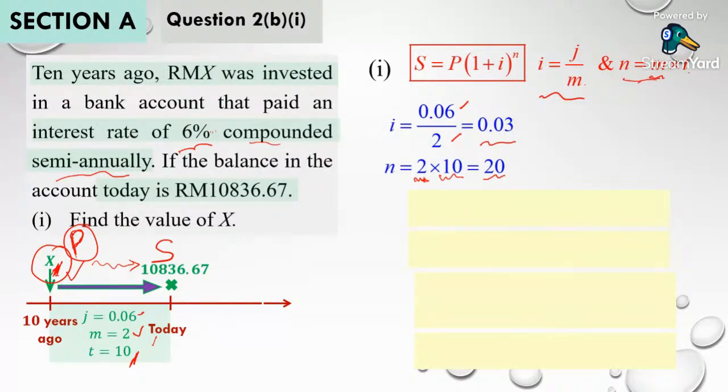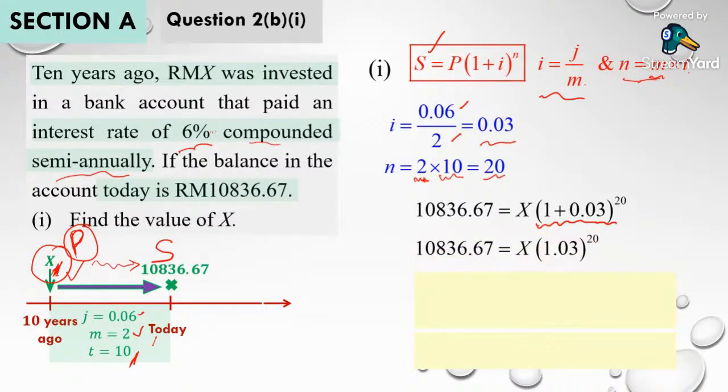And now let us substitute according to this formula in the red box here for P, i, and also n. Therefore, this is the result that I have. Next, in the calculation, I would like to simplify this answer here, where I have 1.03 to the power of 20.